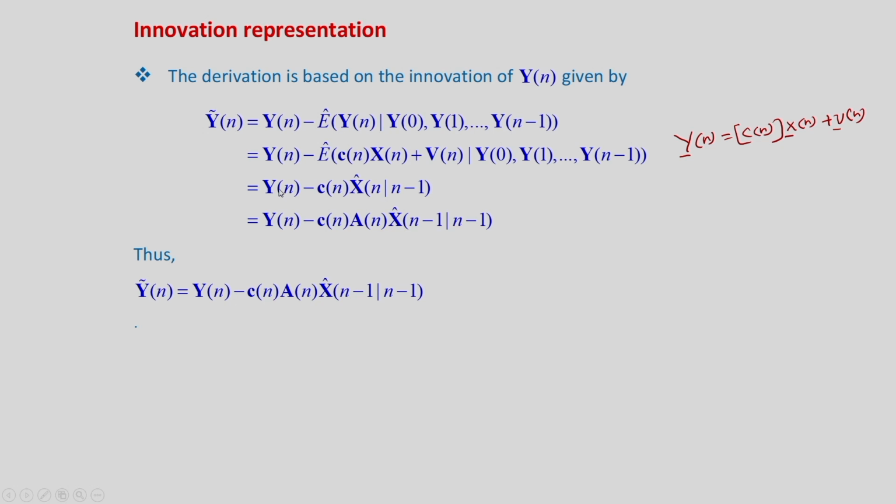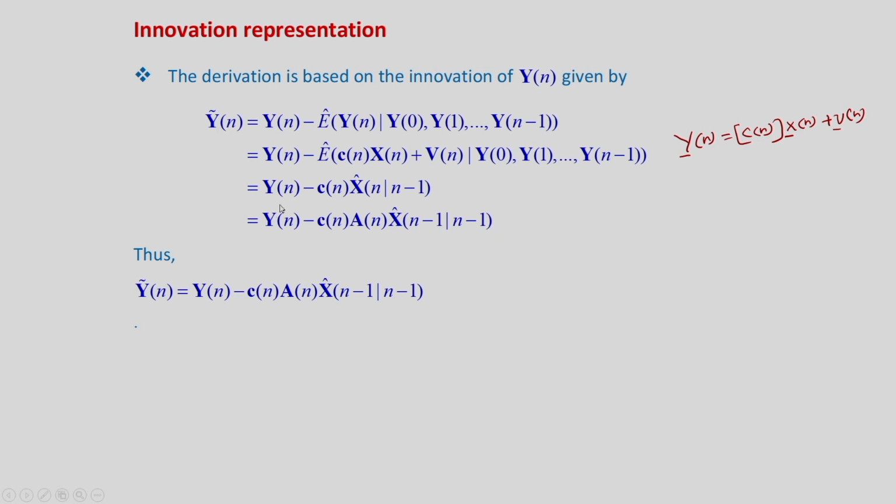And this will be, because now V n, this is the noise which is independent of all past data, therefore, this part will contribute 0. Therefore, we will have y n minus C n into x hat n given n minus 1. Now, this quantity x hat n given n minus 1 is equal to A n x hat n minus 1 given n minus 1. The prediction is obtained through the model, that is A n into x hat n minus 1 given n minus 1.